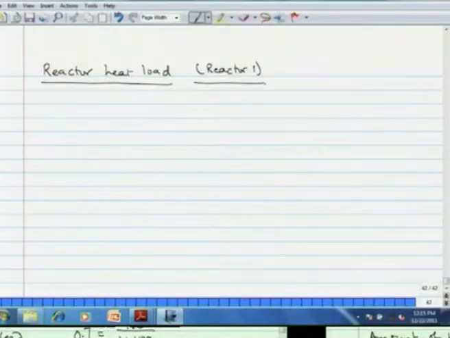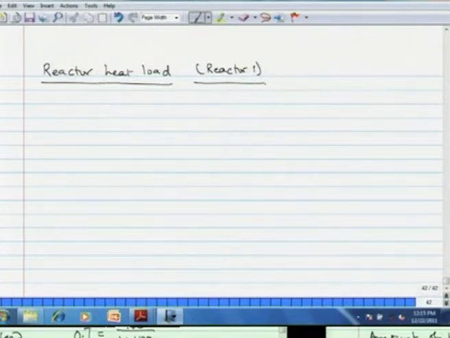But for reactor 1, we have significant heat load due to the decomposition. Now here two reactions occur. First is the decomposition of acetone to ketene and methane, and then dissociation of that unstable species ketene into carbon monoxide and ethylene.